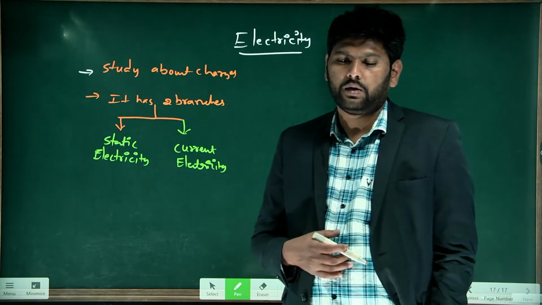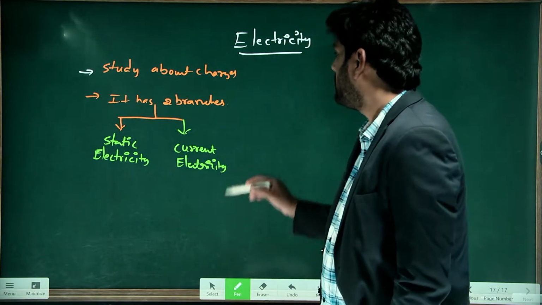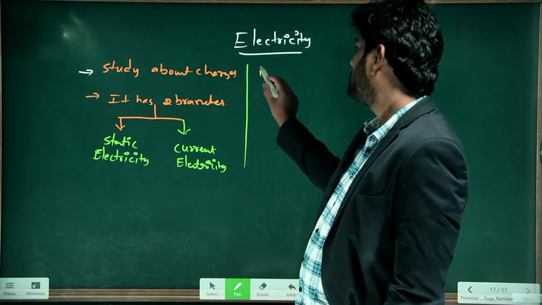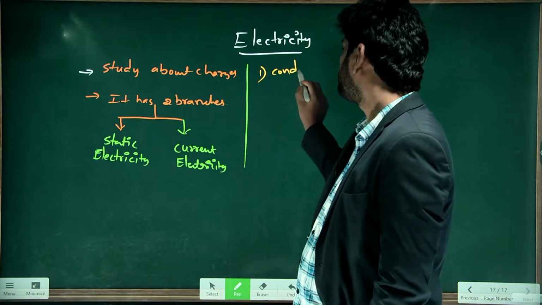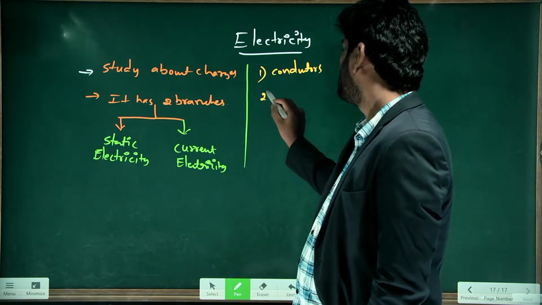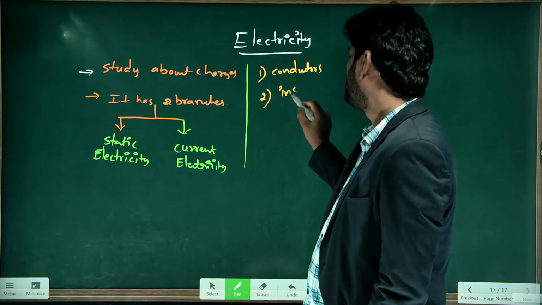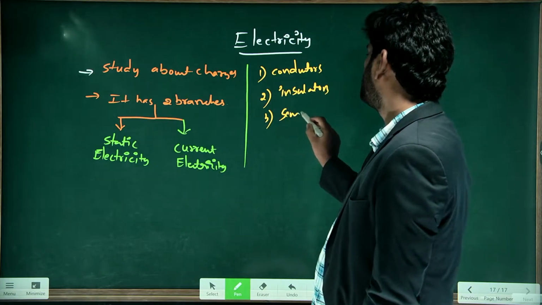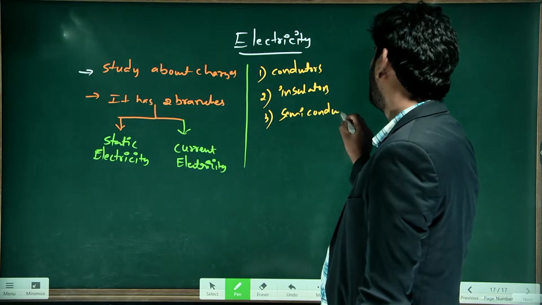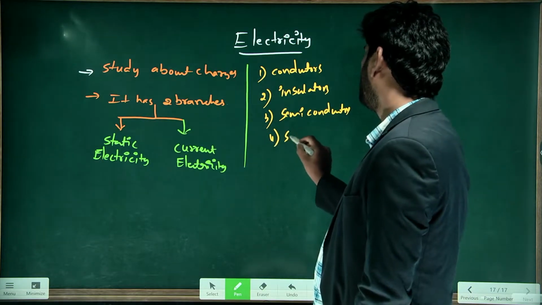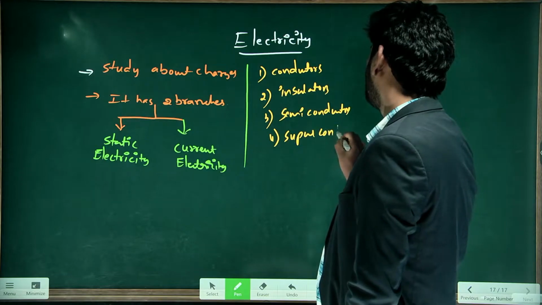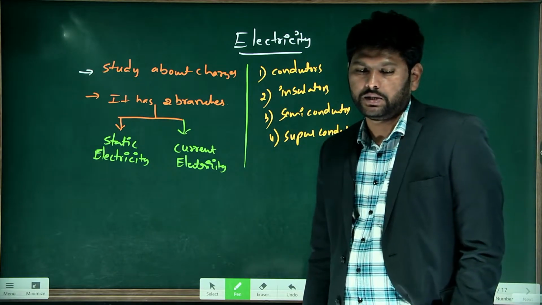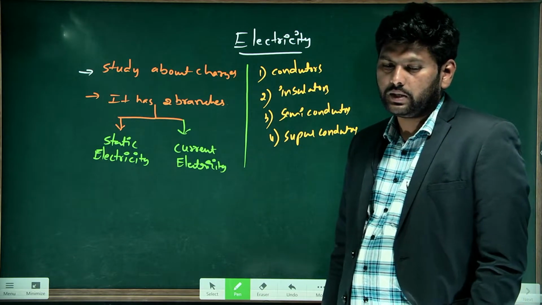Based on the conduction of the charges, we have four types of materials: conductors, insulators, semiconductors, and superconductors.